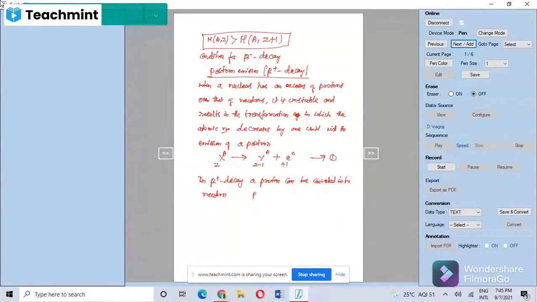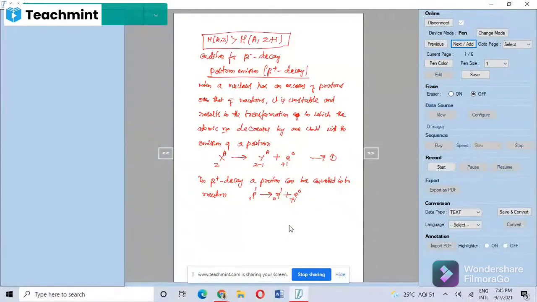It can be represented as: here is a proton that can be converted to a neutron with the emission of a positron, e plus 1 to 0, and this is called the positron.